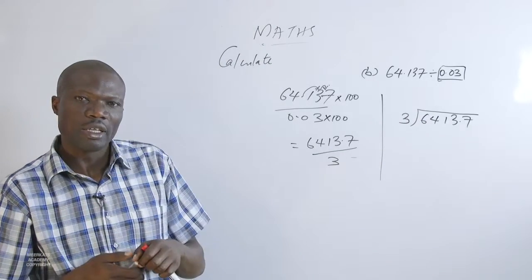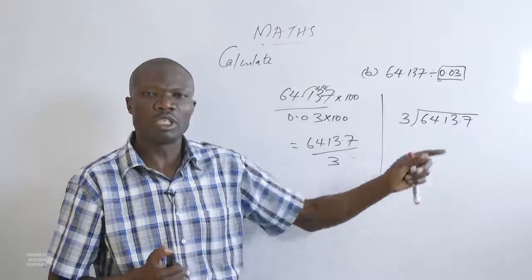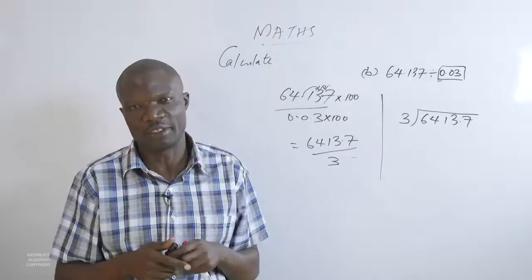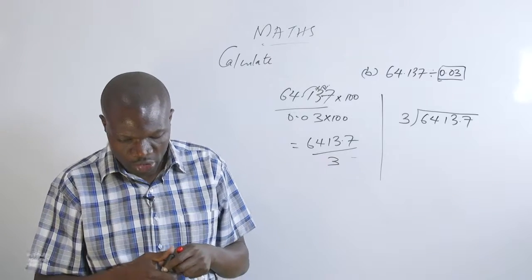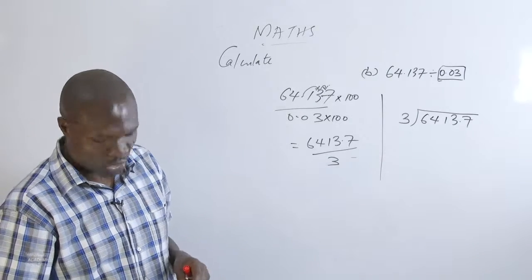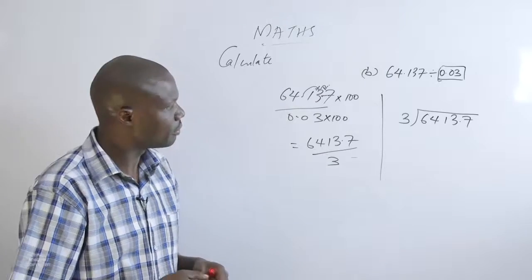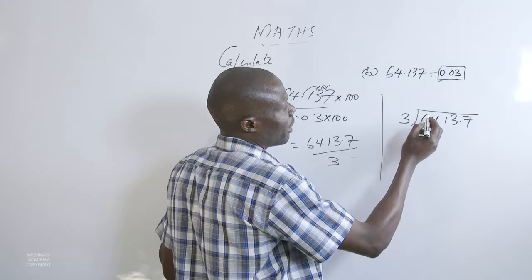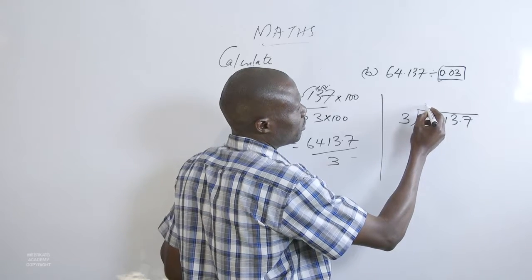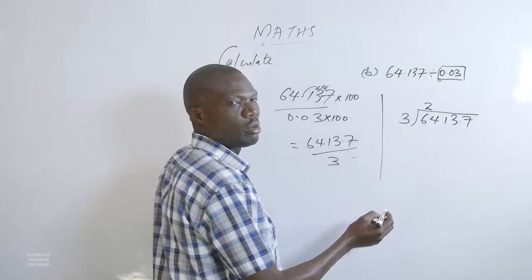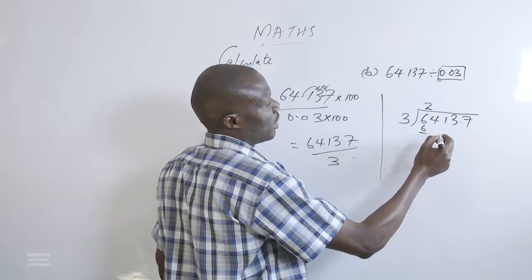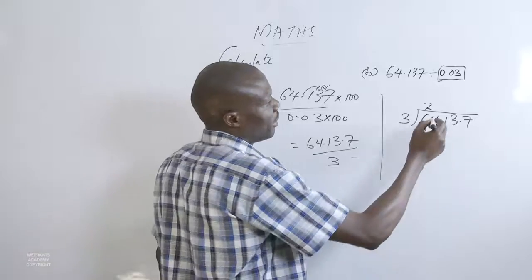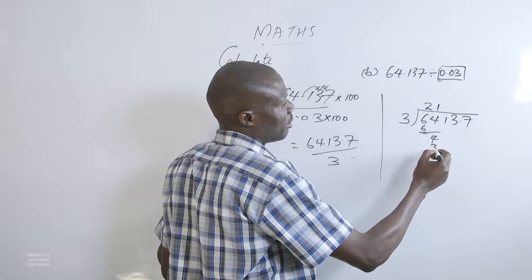Take note that the dividend and the quotient should have its decimal point aligned. So if that is what we have, then we divide 6 by 3 is 2. 2 by 3 is 6. So this one is done. We bring 4. 4 into 3 is simply 1.